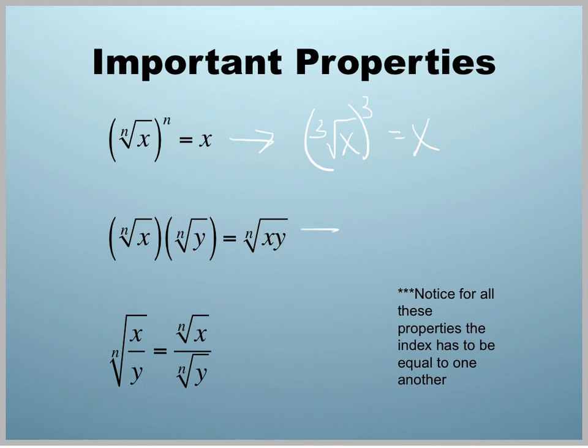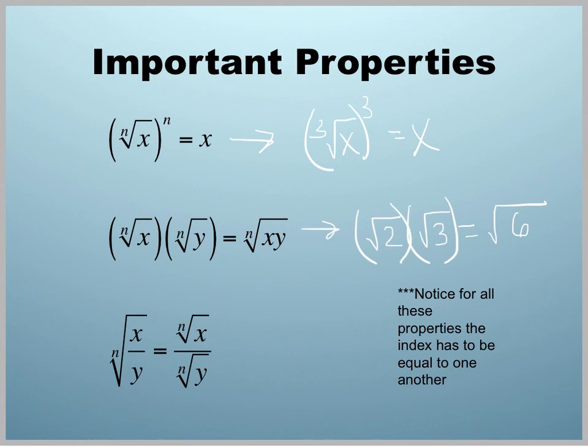So let's take a look at an example. Let's say I had the square root of 2 times the square root of 3. Well, in this case, the index is an understood 2. So if I go ahead and multiply them together, I can combine them and simply say 2 times 3, so that equals the square root of 6.